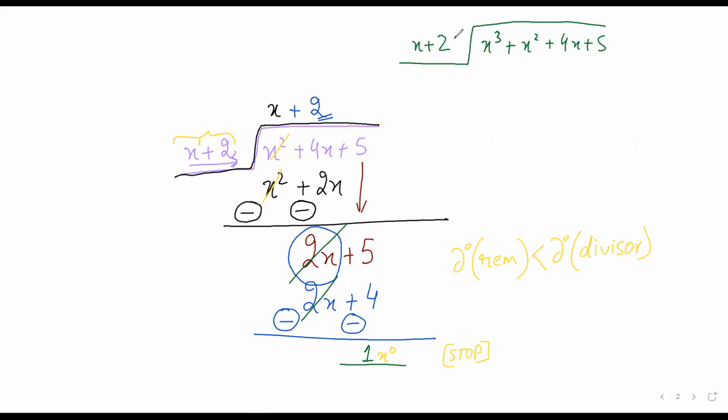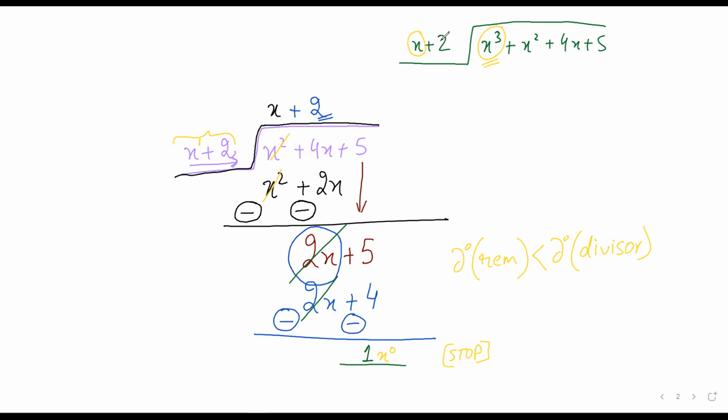Have you understood what I am doing? Yes, sir. Now let me show you the process for this. Using the first term, I will eliminate the first term of the dividend. Any doubt? No, sir.